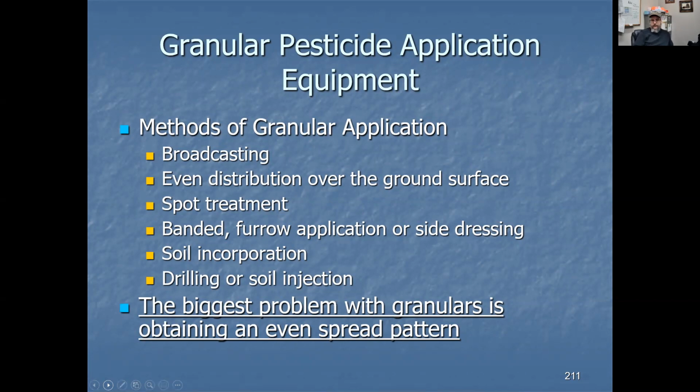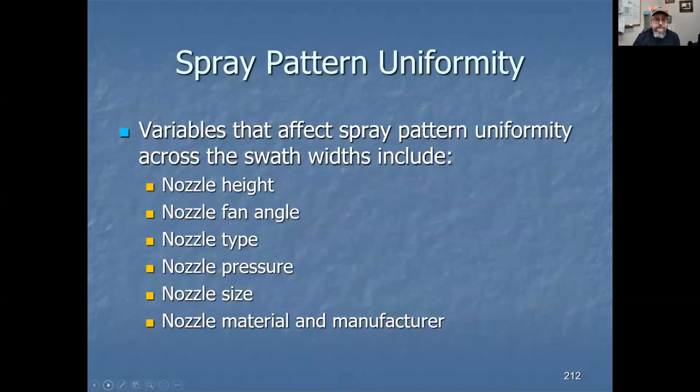The biggest problem with granulars is obtaining an even spread pattern. Spray pattern uniformity: variables that affect spray pattern uniformity across the swath width include your nozzle height, nozzle fan angle, nozzle type, nozzle pressure, nozzle size, nozzle material, and manufacturer.